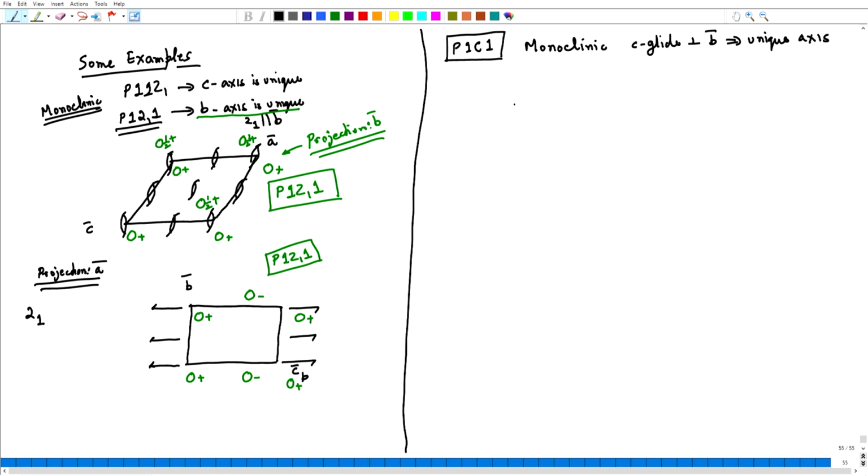So, if I look when my projection axis is B, this is a C glide. So, this is C, this is A, B is perpendicular to the AC plane.